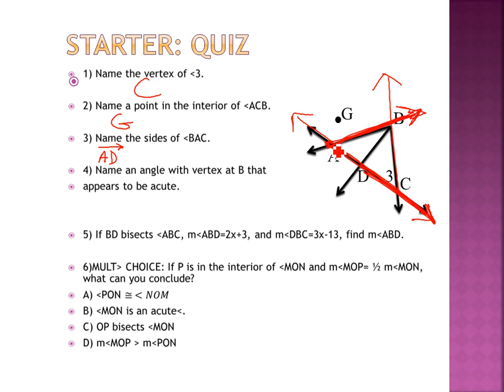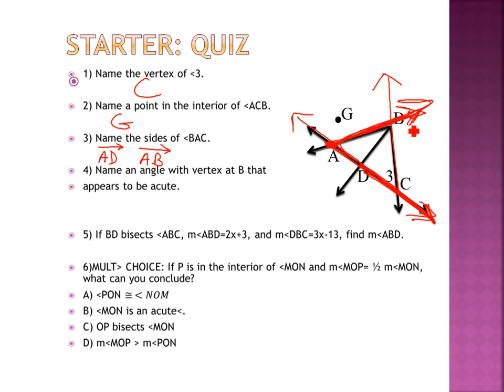Start at A, go out through D. Is that one of the sides? Yeah. What's the other one? Ray AC. Say it again. AC. Or, no, AB. Yeah, that's this one, right?